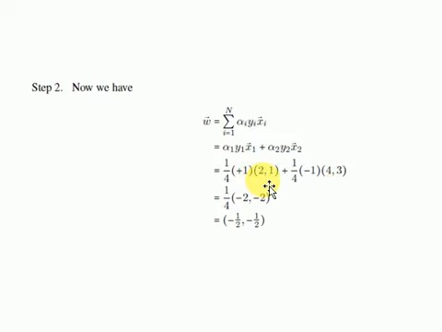So this makes it 1 by 4 into 1 into 2 plus 1, then minus 4 minus 3. So it will make it 2 minus 4, which is minus 2, and 1 minus 3, which is minus 2. Now dividing by 4, we have minus 1 by 2 and minus 1 by 2.